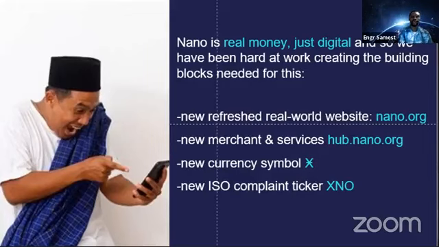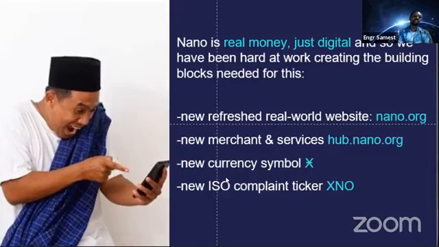We have the new refreshed real world website. You can check the website at nano.org. And also we have merchants and services at up.nano.org that you can leverage on and have a look at what merchants and services these projects have presented to us in the real world.